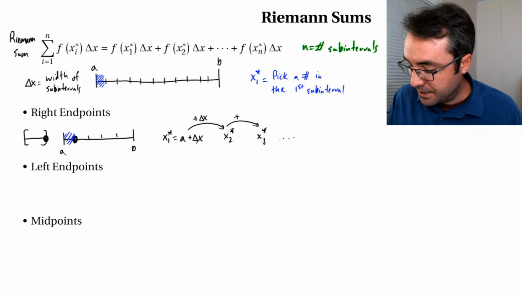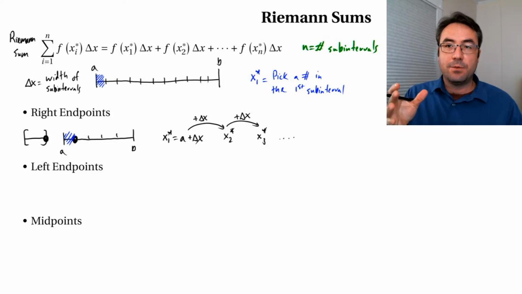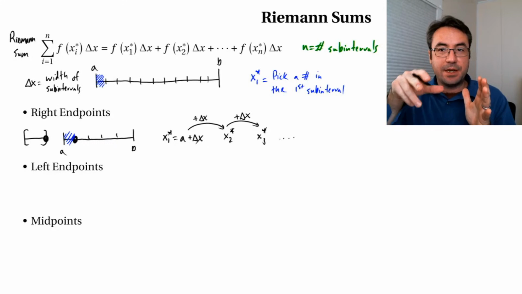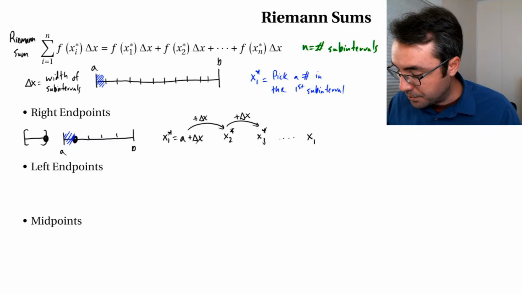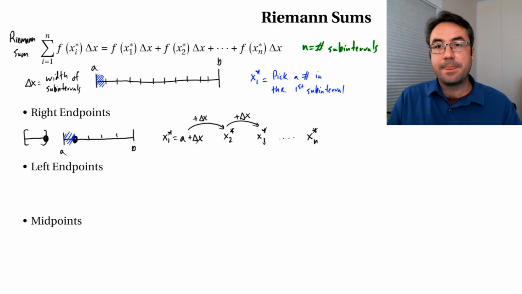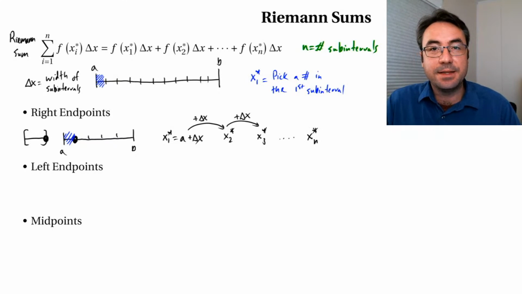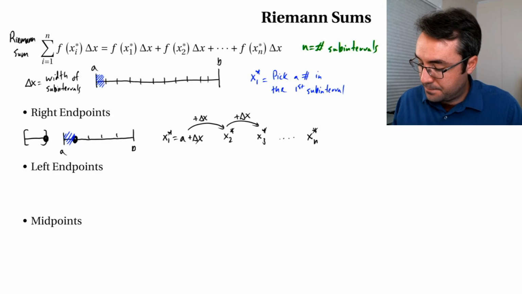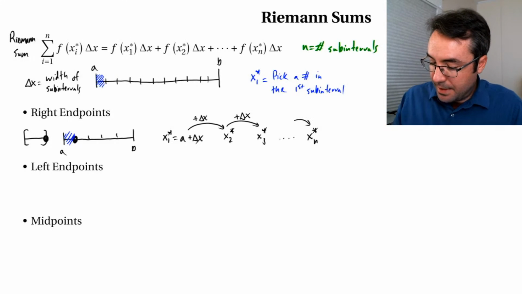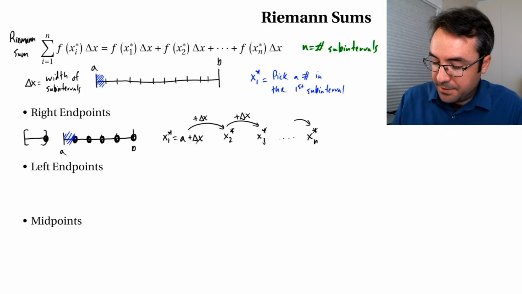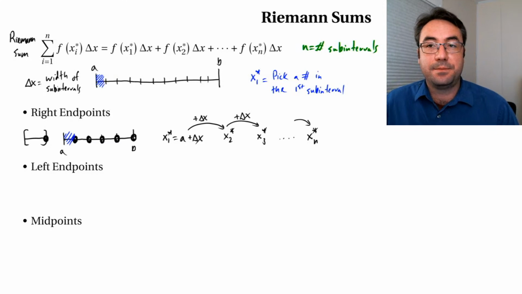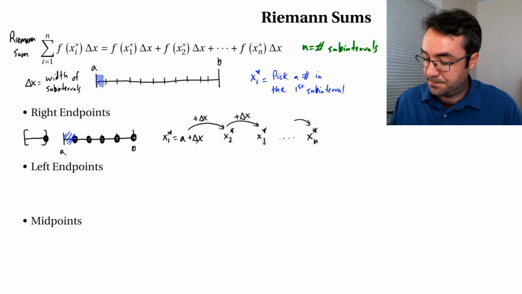So it becomes a very nice iterative process. Once you have your first endpoint, you just add copies of delta x until you get to your last point, xn star. And so if we kept picking right endpoints, eventually we get to our B value.